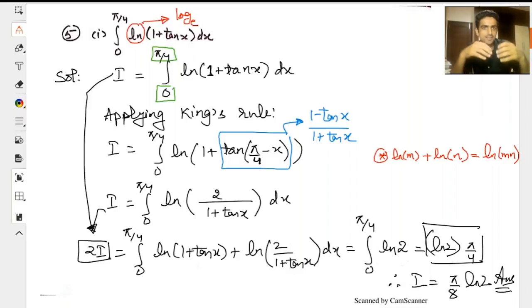So the question which initially seems like, what should be done with this question? What should we be doing to simplify it? The moment you observe that the limit is 0 to a, applying King's rule, adding them, it's done. And it was one of the previous year IIT questions.